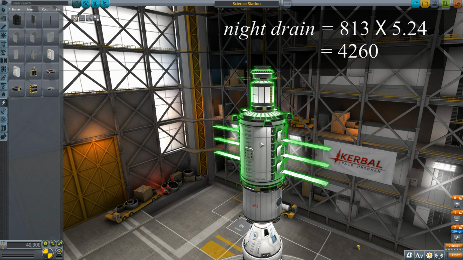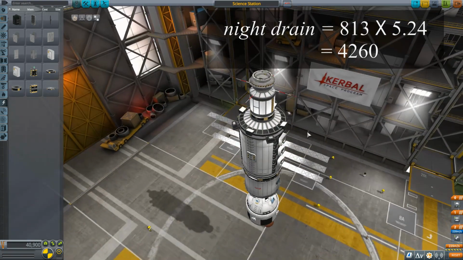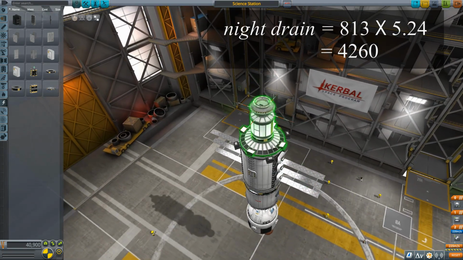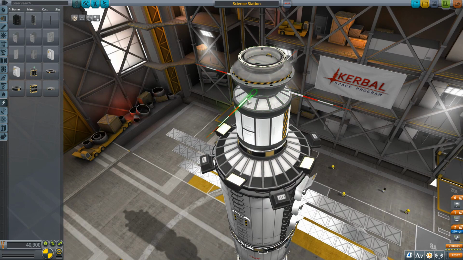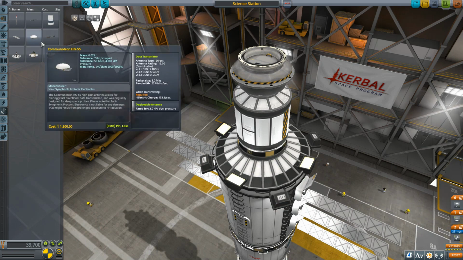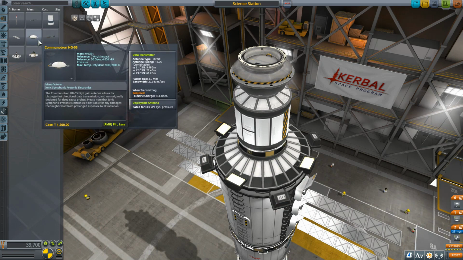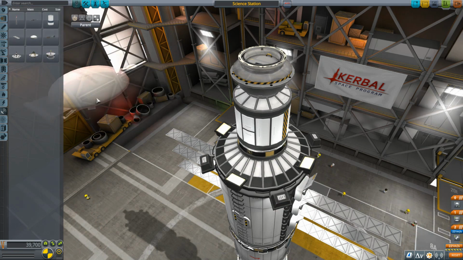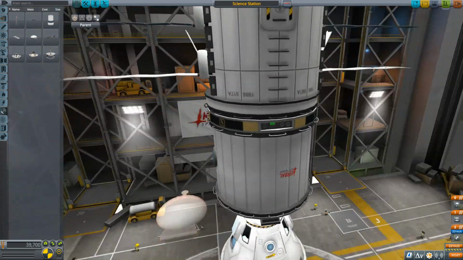Now, the other thing I need to think about is transmitting said science. These 4 communitrons simply flat out are not going to reach from Moho all the way back to Kerbol. I did a little bit of calculating, and I have a video on calculating relay strength, so I'm not going to go over all of those formulas right now, but what I determined was that with a tier 3 tracking station, 2 of these HG-55 communitrons will service Moho very, very nicely.